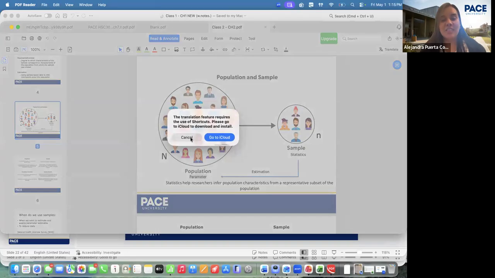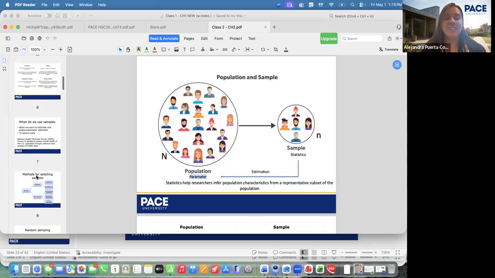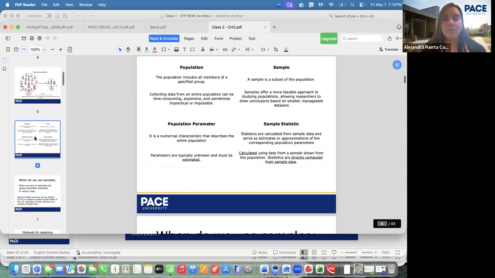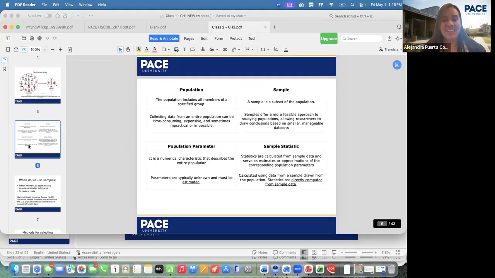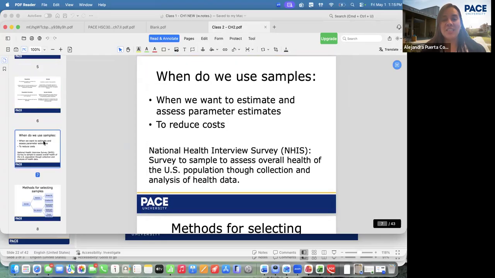Parameter is what we're going to estimate from the statistics, but it's called inference, right? No? It was on the exam. Okay, so we're gonna infer from the sample to the statistic, right?